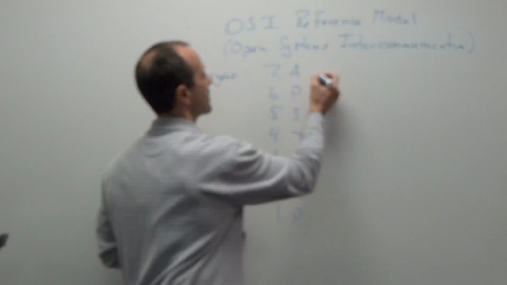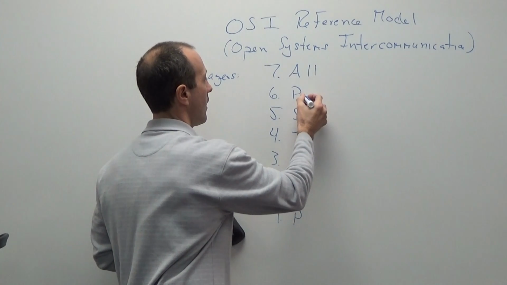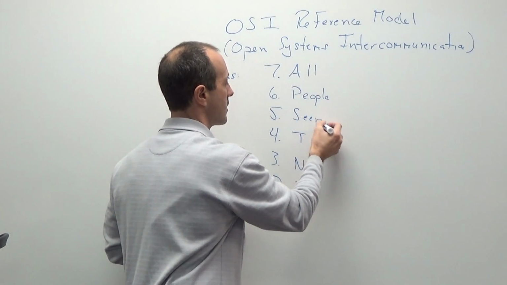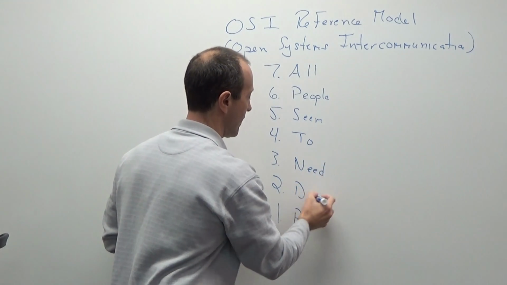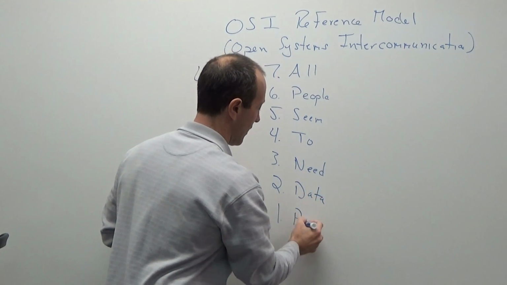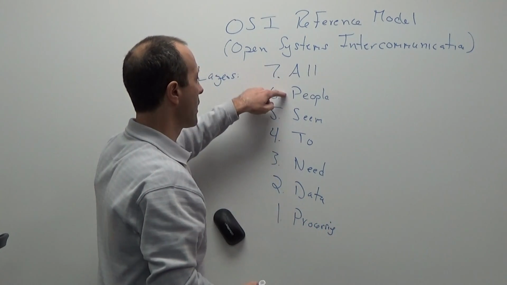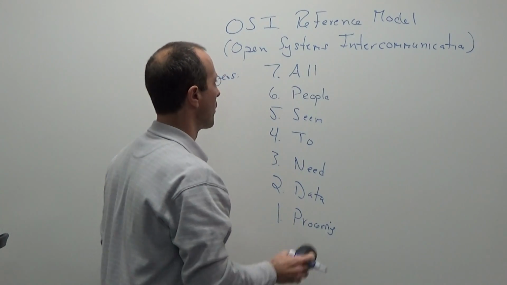So this is all people seem to need data processing. All people seem to need data processing. That's one way of remembering the order.